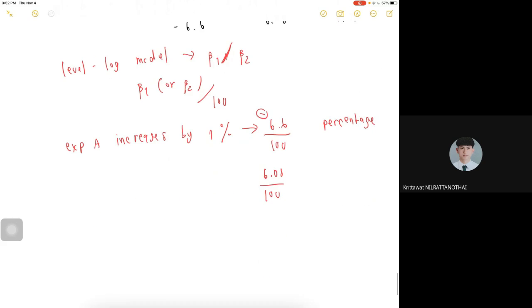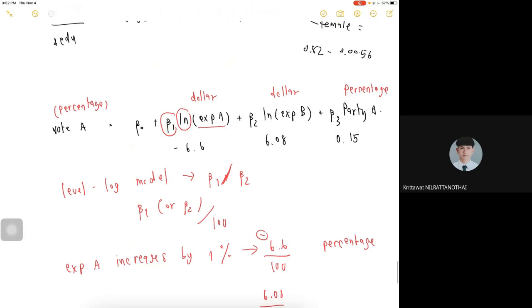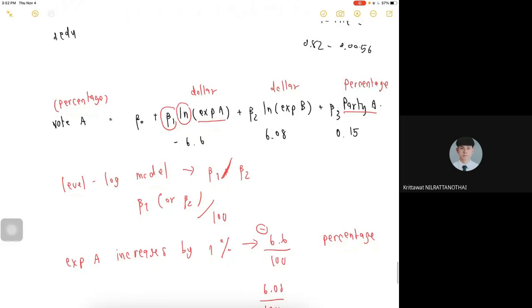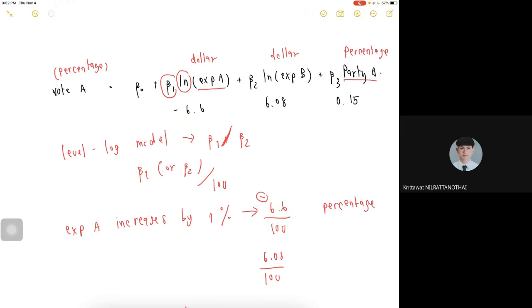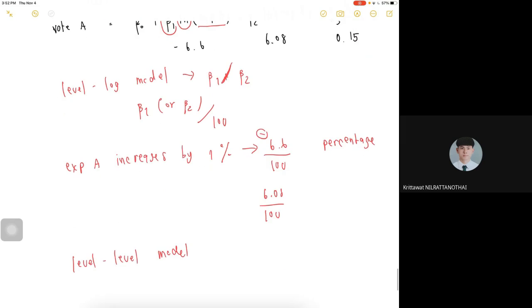For beta 3 here it is a level model. Because you did not do anything with the variable party A. But fortunately, you already have the unit of party A as percentage. It means that you can use beta 3 to interpret it.